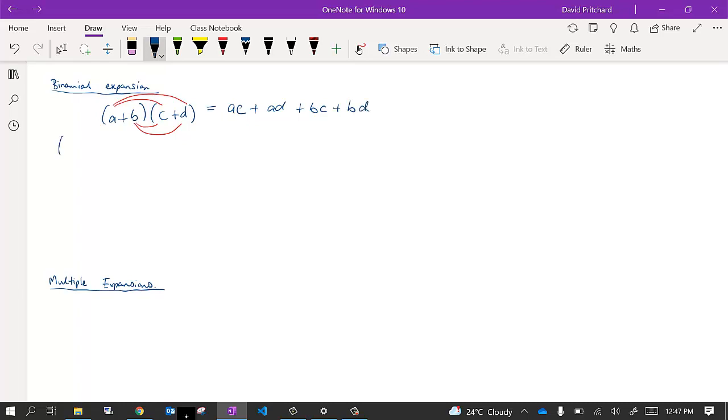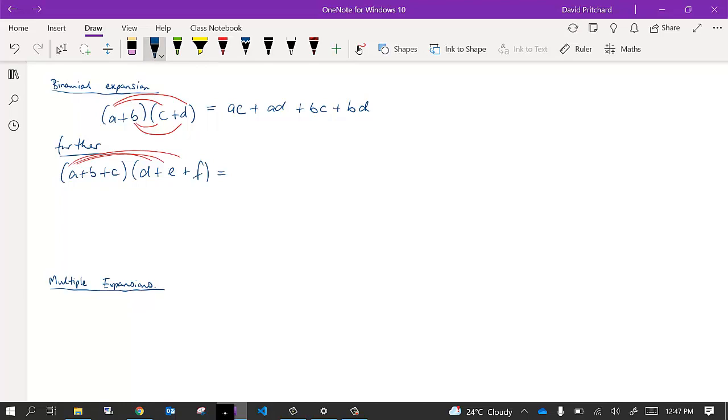Now, if we extend on this a little bit, it doesn't matter how many elements we have in each of those brackets, the idea is the same. So if we have a plus b plus c multiplied by d plus e plus f, then it should just be that a is multiplied by each of those values.